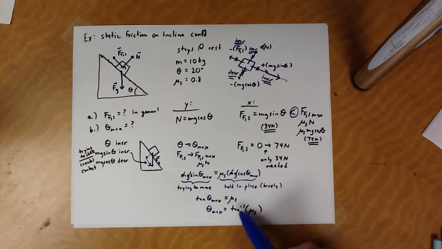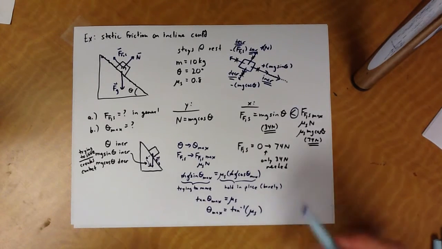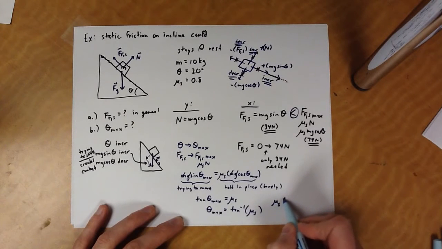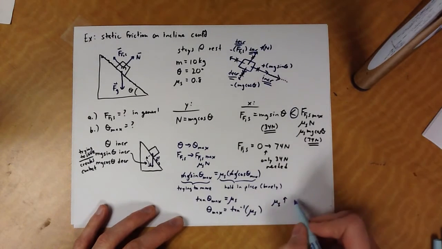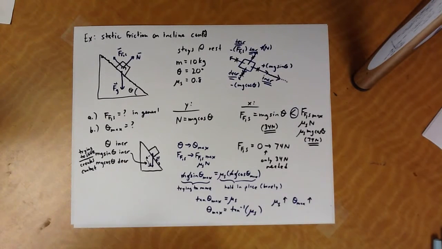Now, your intuition about the inverse tan function may not be very good, but I'm just going to tell you that the fact that there's an inverse tan here doesn't really affect things very much. In fact, it still turns out that if you increase mu sub s on this side, theta max increases on this side. And hopefully this gels with your intuition about friction.